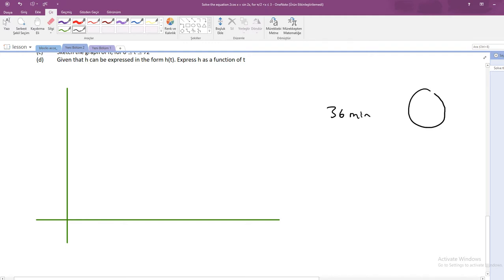So if we divide it by 4, like this, 0, 9, 18, 27, and 36, right? So let's write our values in here. 9, 18, 27, and 36.